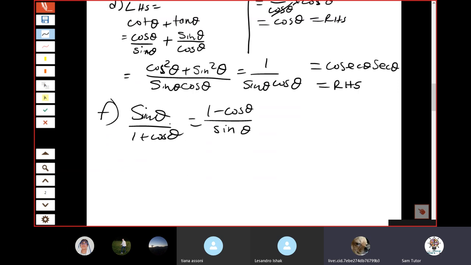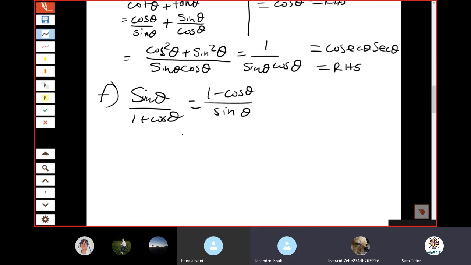Now, when you're looking at F, you've got to agree. Can you do anything to sine theta? Do you have any formula for sine theta only? No. Do you have a formula for cos theta, or 1 plus cos, or 1 minus cos, or sine? Are there any formulas for any of these 4 terms that you see here?